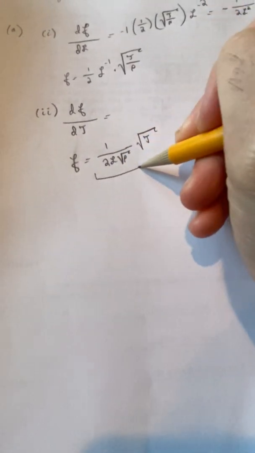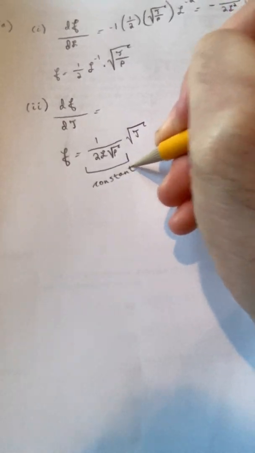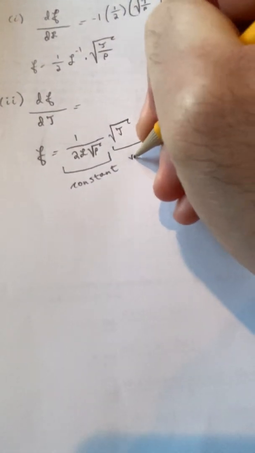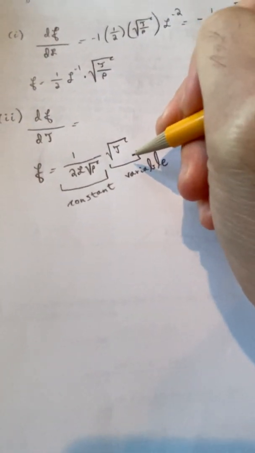So the reason I've rearranged it like this is everything here is a constant, okay? Because t is the only thing that's changing. These other variables are no longer changing. And here's the part of the equation where you have the variable. So this is where you're going to want to take the derivative.